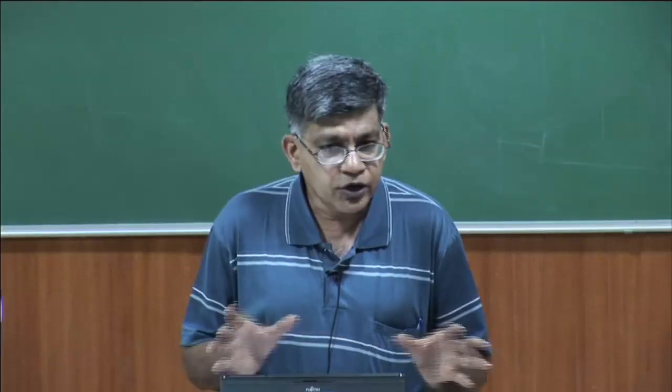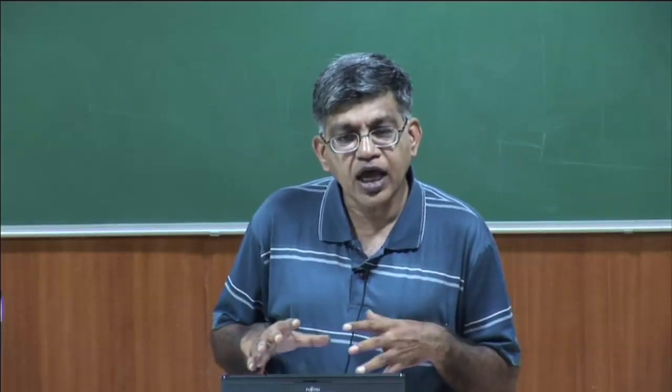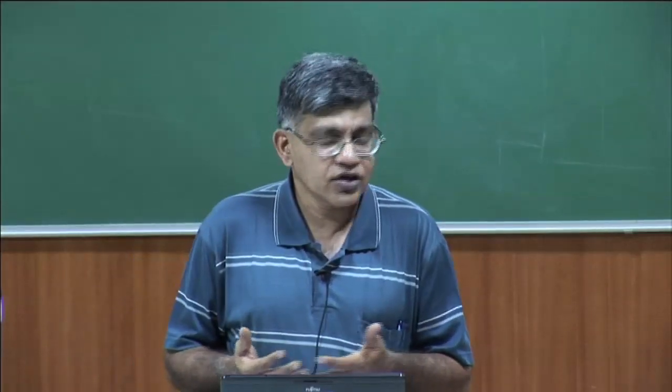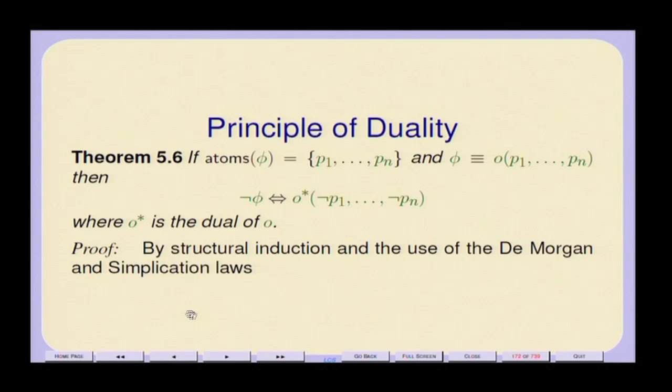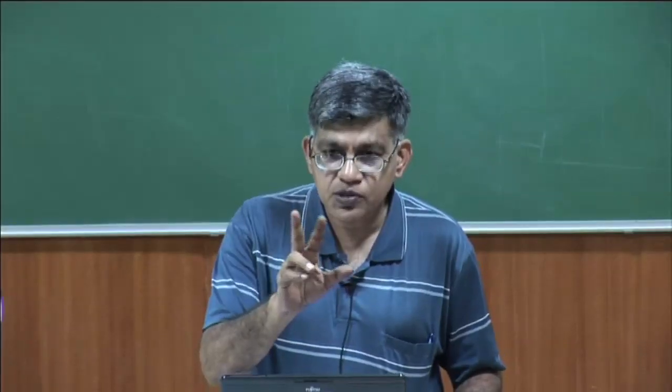They do not even necessarily logically imply each other, but what does happen is that if I take the inversions, so if I take the negations of the atoms in the dual operator, then I would get the negation of the original formula, right. Is that fine? So, the duality comes through negation.